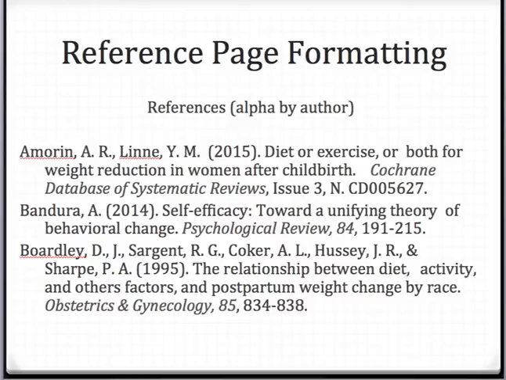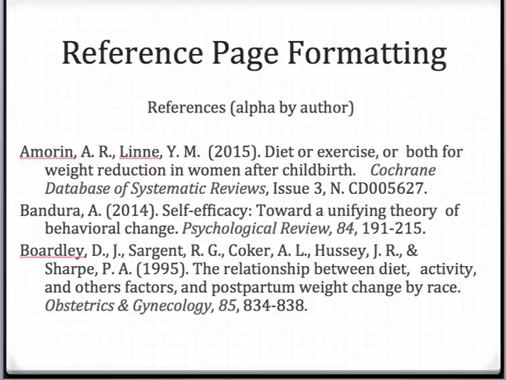The rest of the title is in small letters. The journal in which the article was published is spelled out and placed in italics, as is the volume number. So the name of the journal and the volume number are in italics.